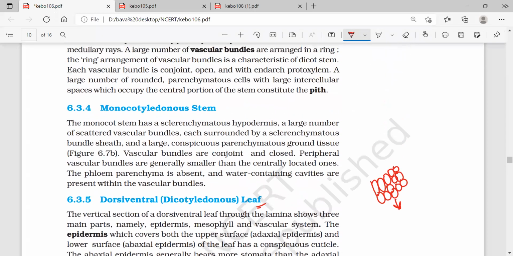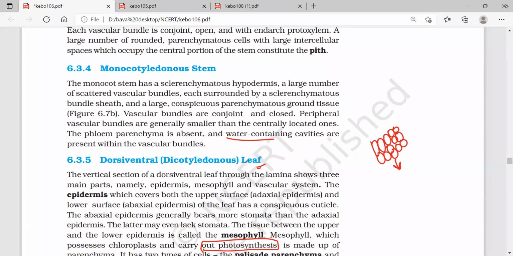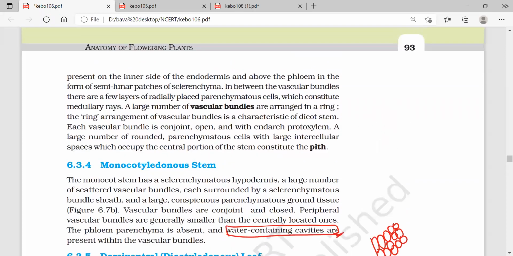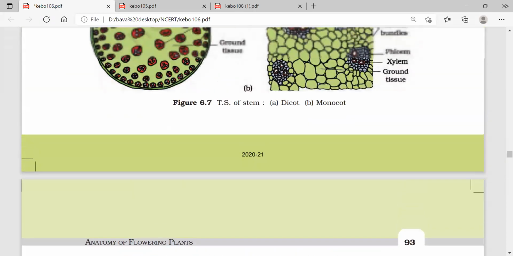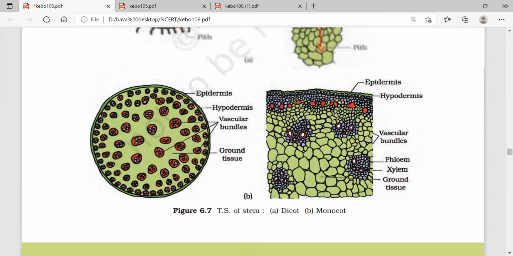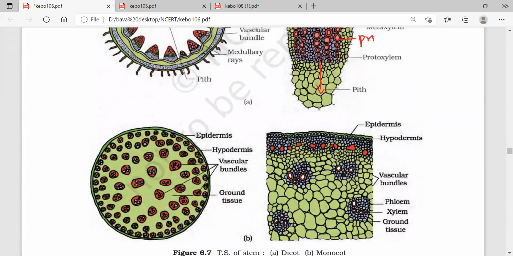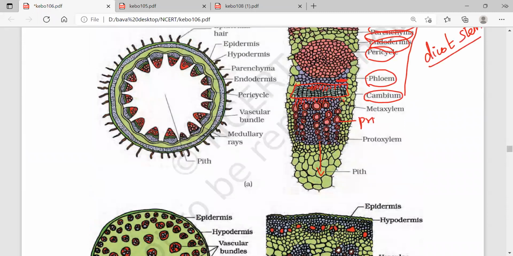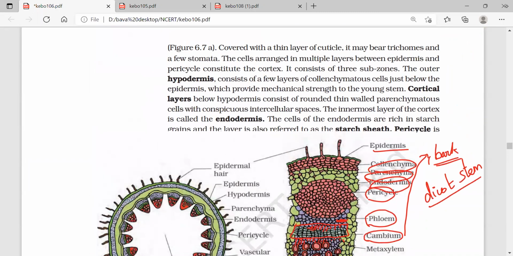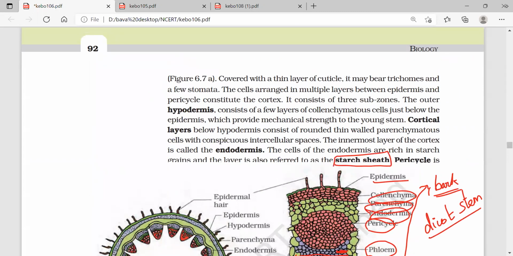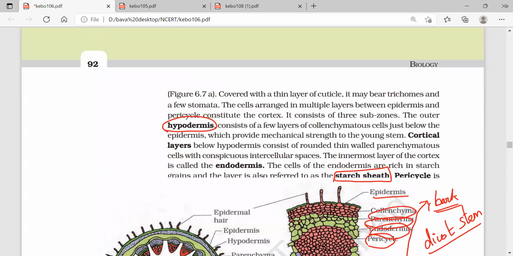Then in which region are water-containing cavities present? Which region of the dicotyledon or monocotyledon plant has water-containing cavities? Now, which is the starch sheath? And what type of cells are present in the hypodermis and cortical layer?